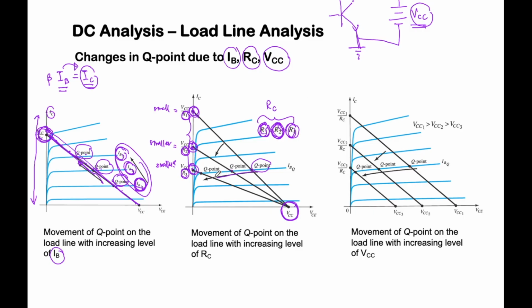So it's going to change to the left or to the right. If you decrease the value of R1, it will change to your right. But if you increase the value of RC, it will change to your left. So when RC changes, the Q point also will change.